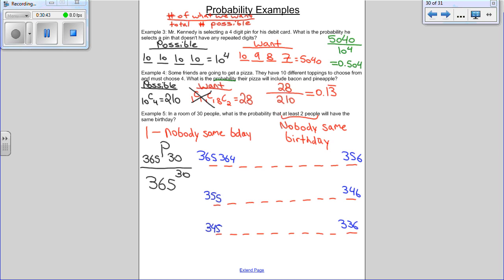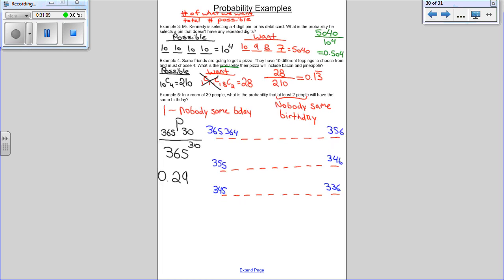And if we do that in our calculator, so 365P30 divided by 365 to the power of 30, you end up with 0.29. That's the probability that no one in this room has the same birthday once there's 30 of us. So if you want to figure out the probability that at least one pair shares, you want to go 1 minus 0.29.